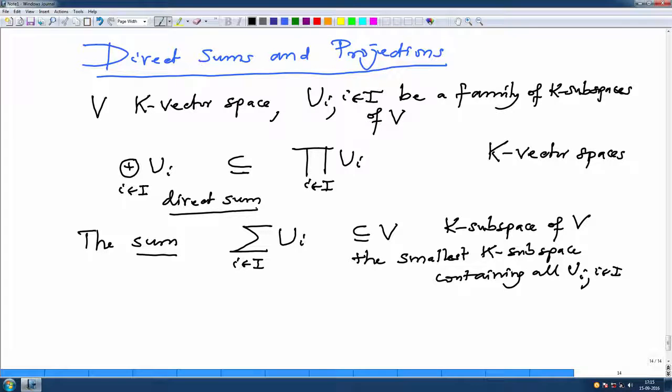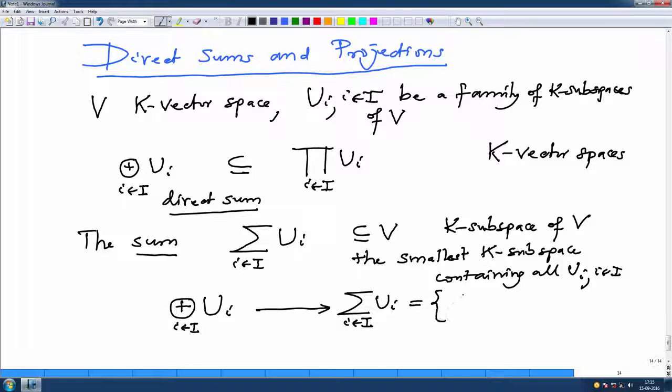So, a priori they are different, even as sets they are different, but I would like to relate them with a linear map, and obviously one can guess from the earlier remark that there is a natural map from the direct sum of the U_i, i in I, to the sum. Remember, the elements of the sum space are precisely the finite sums of elements coming from each U_i.